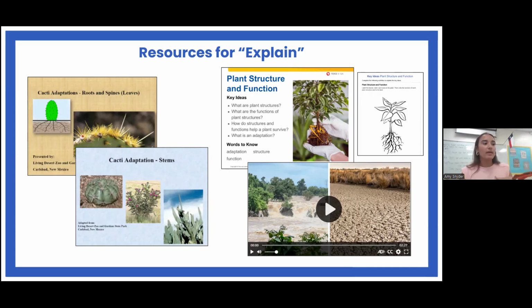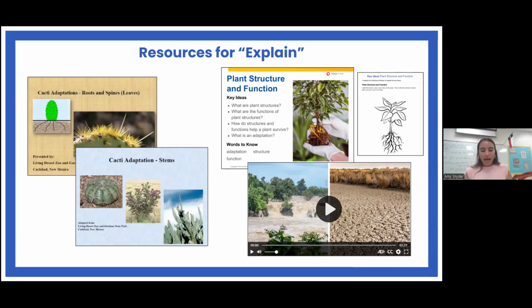And you can create a shared slide deck where they're all putting in noticings of the structures and then researching the functions and environments of each individual type of plant. Because really, for this TEKS, we want them exposed to as many different types of plants, structures, and functions as possible. So that's the variety of different ways that you can explain with this learning target.